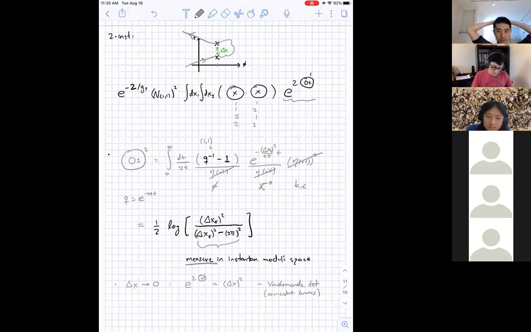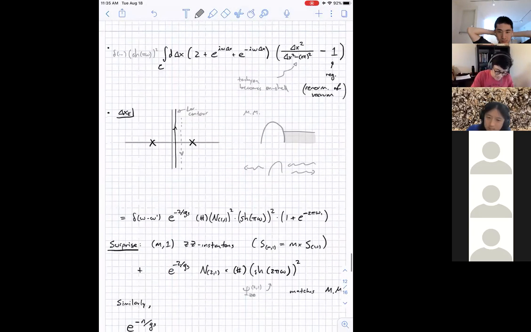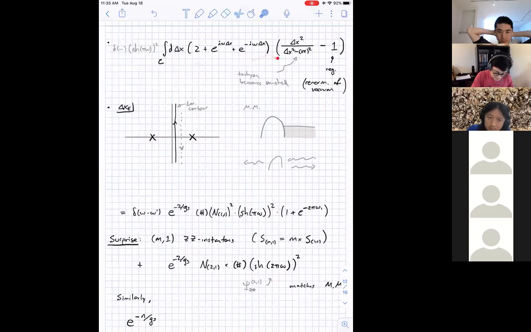So one of them gives you, roughly, the delta function conserving energy, and the other one is the integral we need to do. And of course, we need to include this measure. Okay, so the integral one has to do is of the following form, in instanton moduli space, the separation of the instantons.